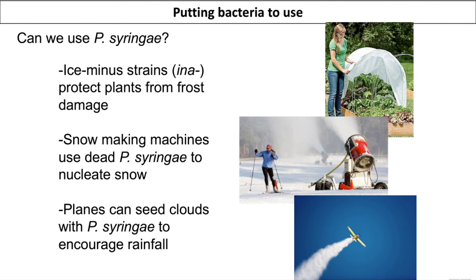Okay, finally, you can actually release Pseudomonas syringae from planes, and if there's enough water vapor in the atmosphere, the presence of increased Pseudomonas syringae can encourage rainfall. So there's all these things that you can do, both protecting plants, making snow, encouraging rainfall, once you understand that there's this invisible microbe at the heart of this really important process to planet Earth.